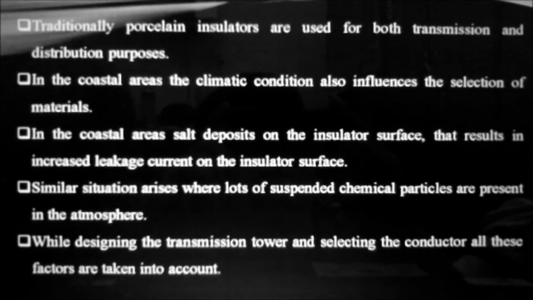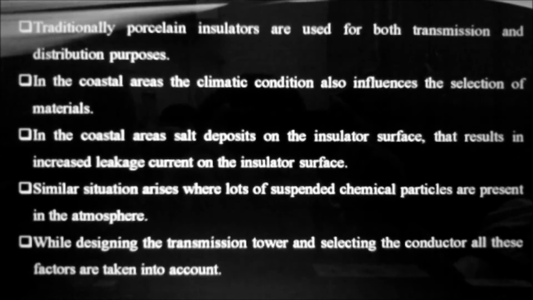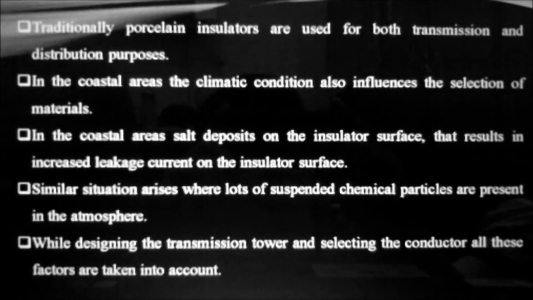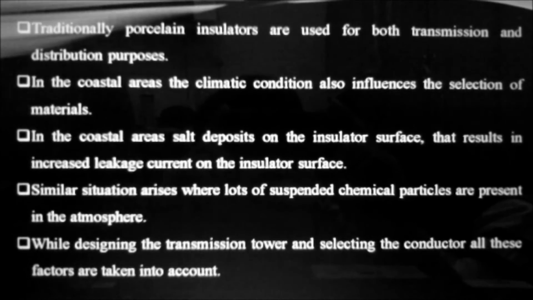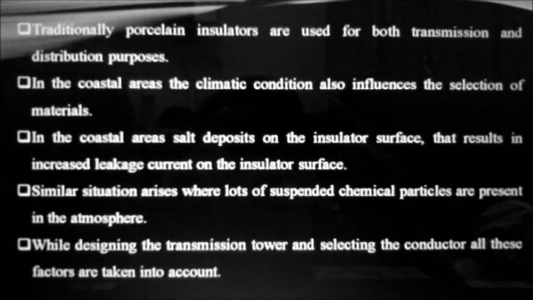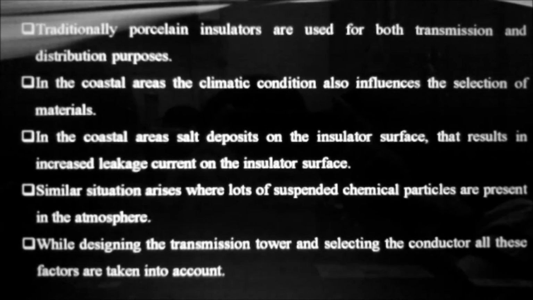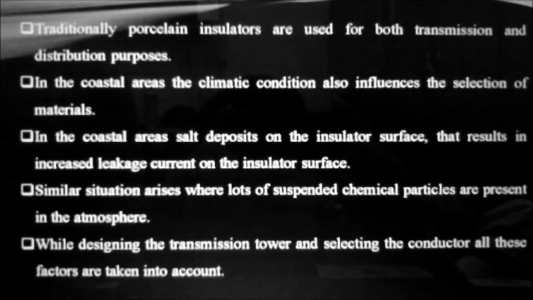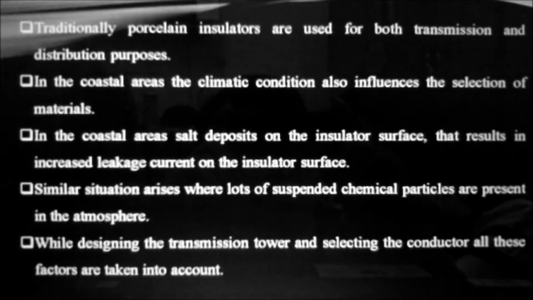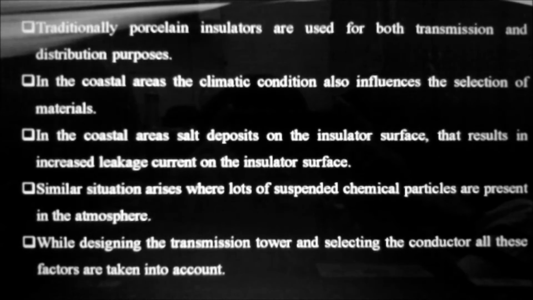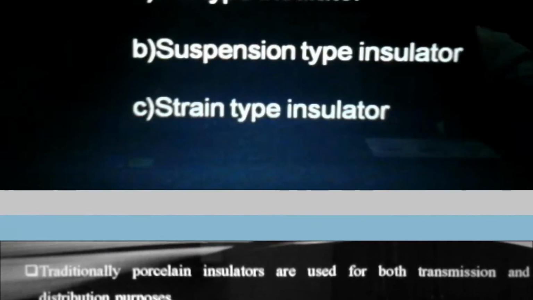A similar situation arises where lots of suspended chemical particles are present in the atmosphere. While designing the transmission tower and selecting the conductor, all these factors are taken into account.